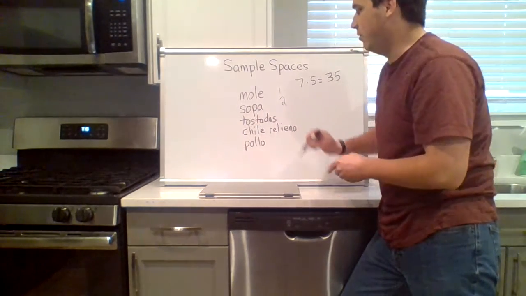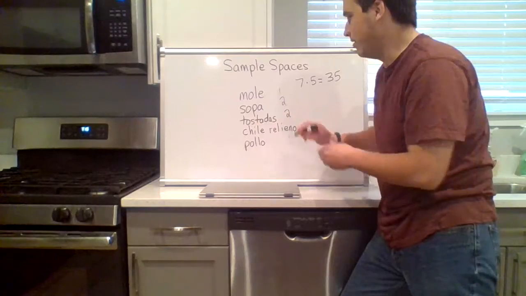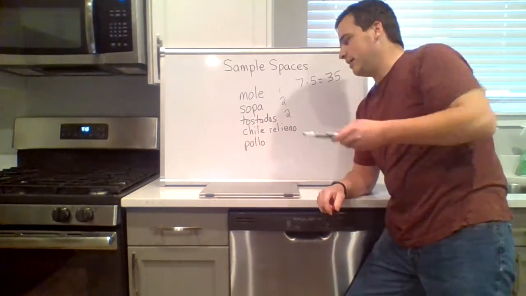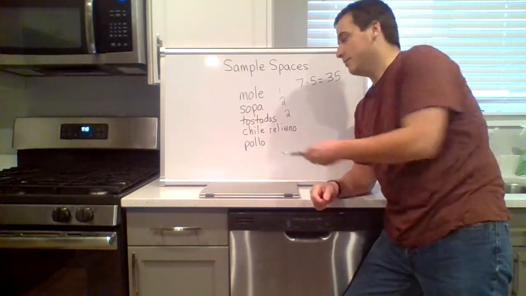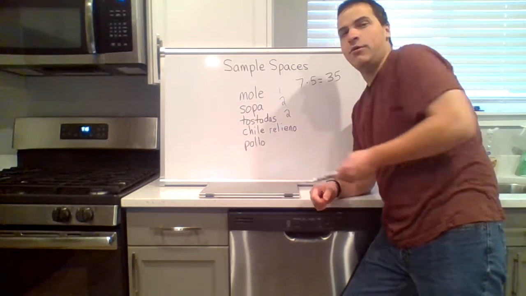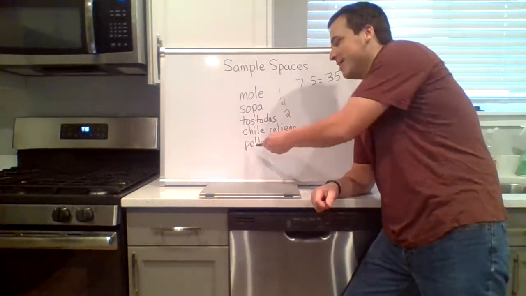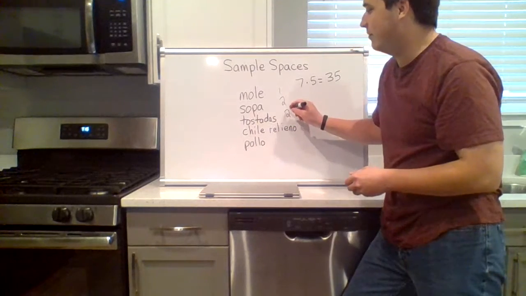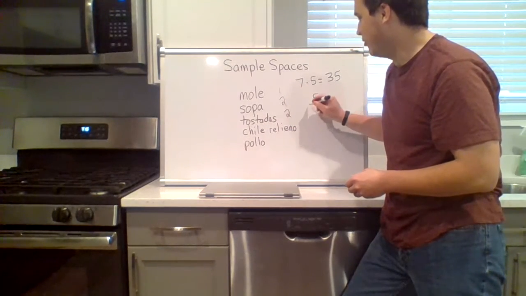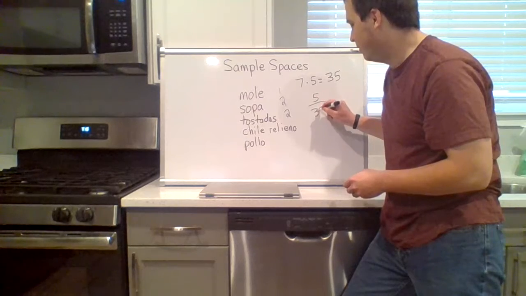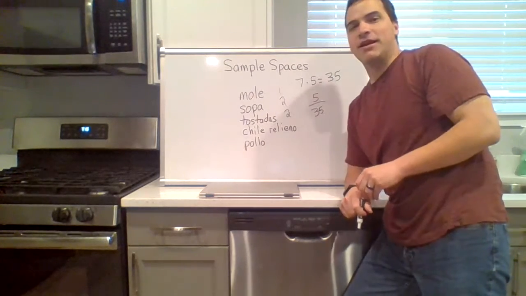Tostadas, Tuesdays and Thursdays, that happens twice. Chili, there's no C for the days of the week. Pollo. See, I told you I'm not going to pronounce these for a reason. No P, so you have 5 possible combinations out of 35. Then divide to find the percentage.